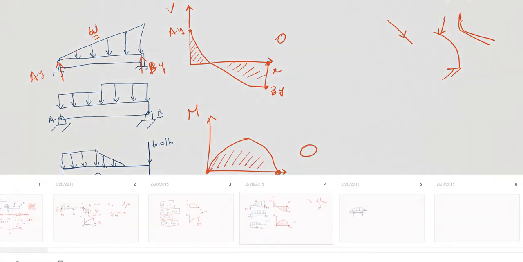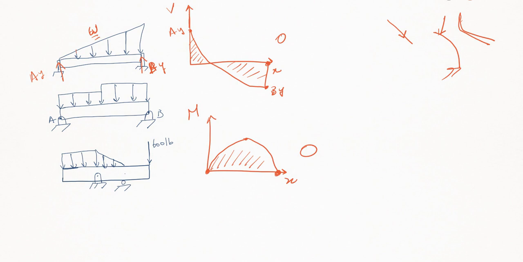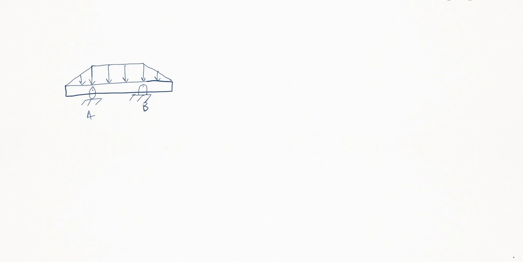Actually, I'll do one more example. Now here we only talked about this one. And now I'll do one more example here. So let's say we have this shape. Now at A we have AY, BY.